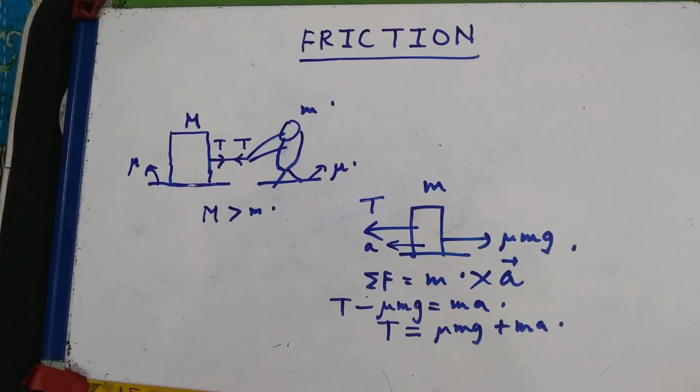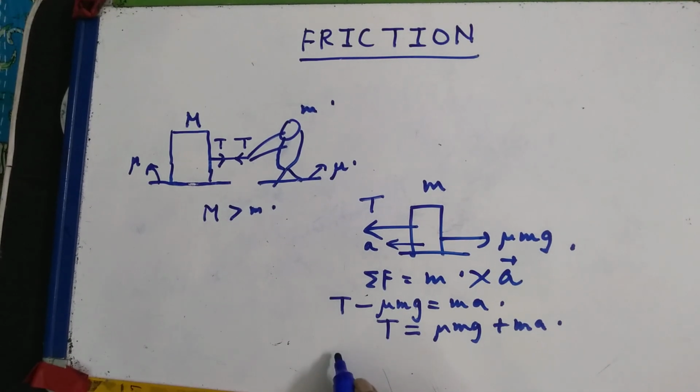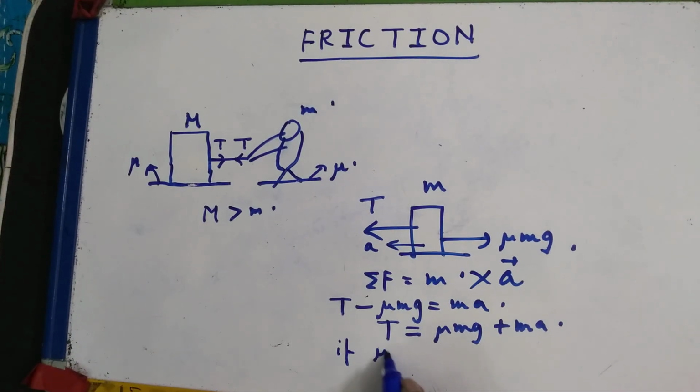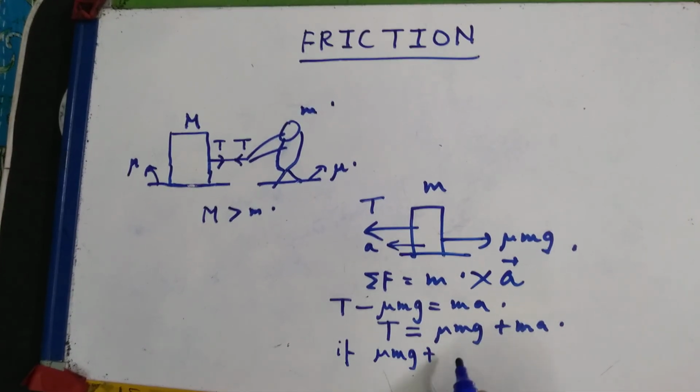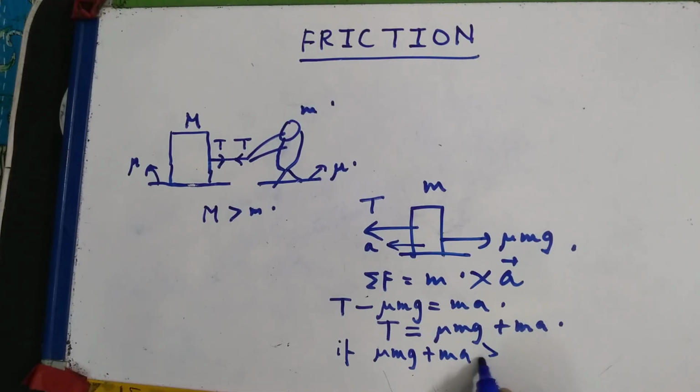The block will move if mu mg plus ma is greater than or equal to mu capital Mg. So option A is also correct.